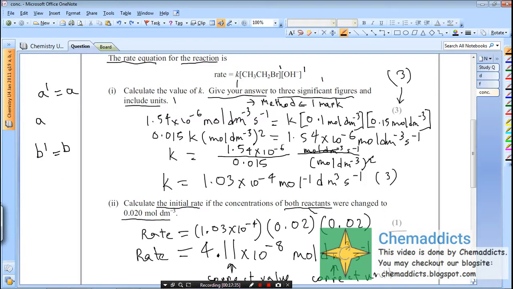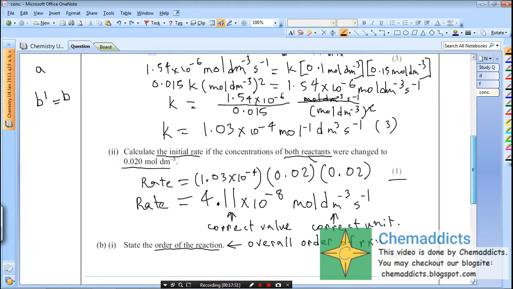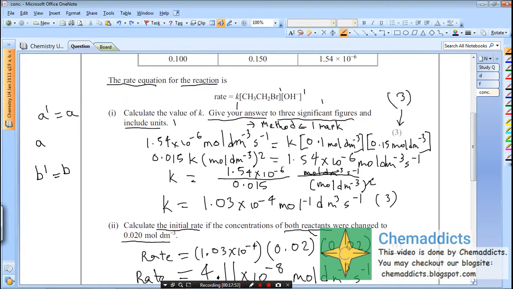So here we will do the same as algebra, and add the powers together to get 2.